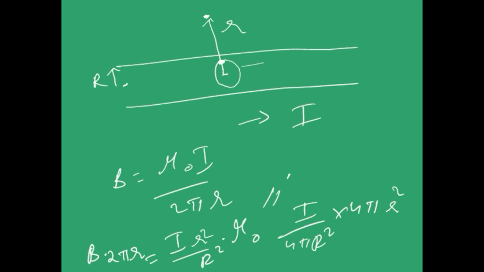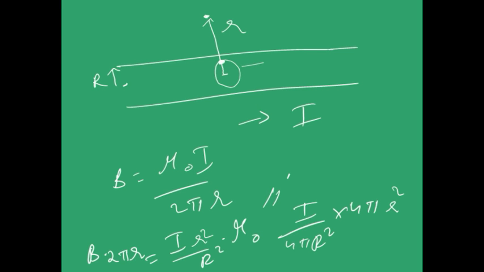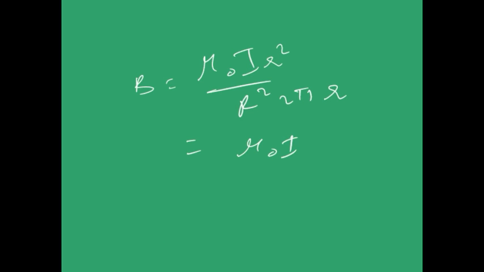So what can I say from this? My final B here will be, just a minute, my B will be mu naught I r square by R square by 2 pi r, right? This will be equal to mu naught I r by 2 pi R square.